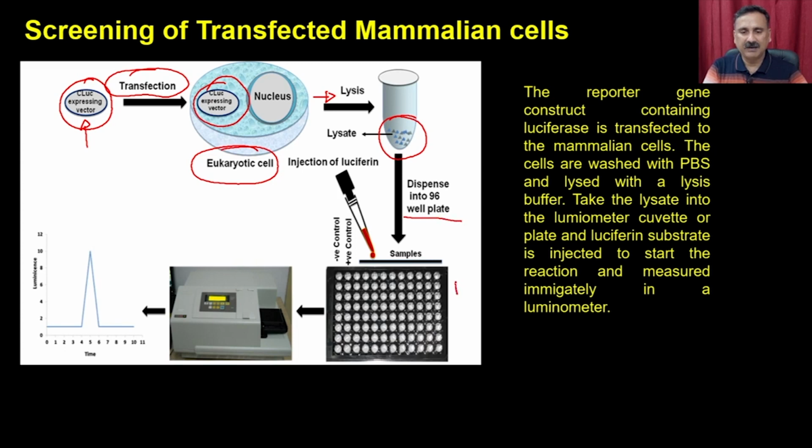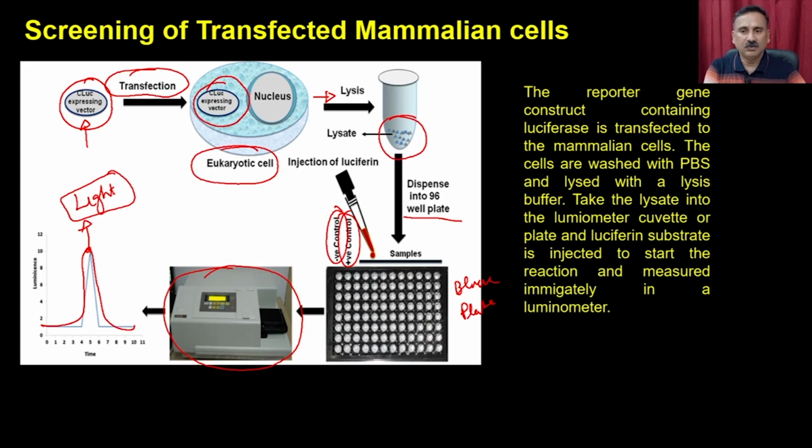You can take a black plate, include negative controls and positive controls and so on, and then put it into the luminometer. The luminometer is going to give you the signal for luminescence, and that signal is actually light which comes from the activity of the luciferase.